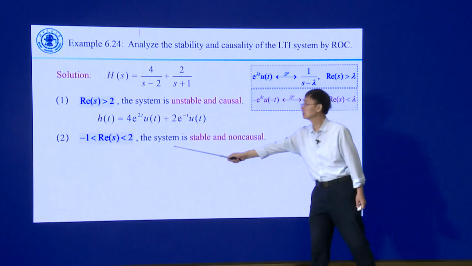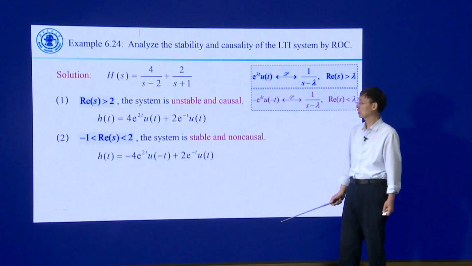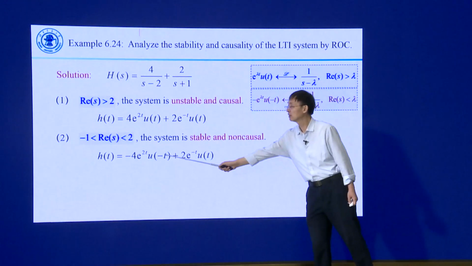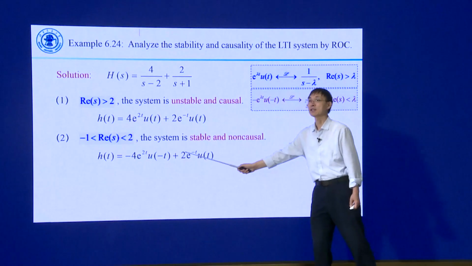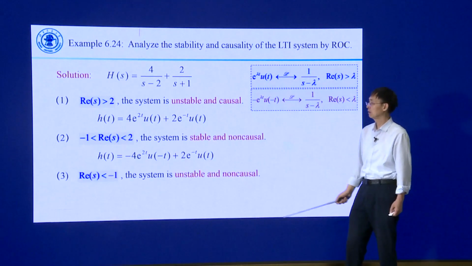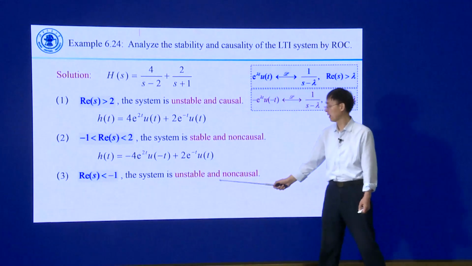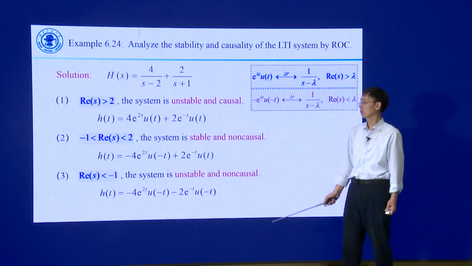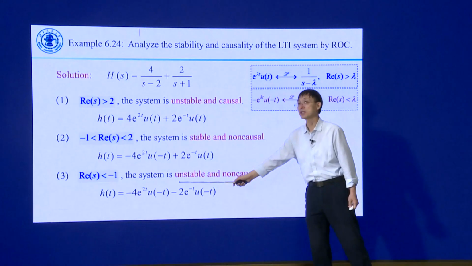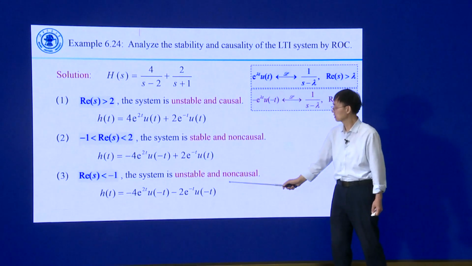For this region, the system is stable and non-causal because the signal h(t) is a two-sided signal. For this region, the system is unstable and non-causal because h(t) is a left-sided signal.